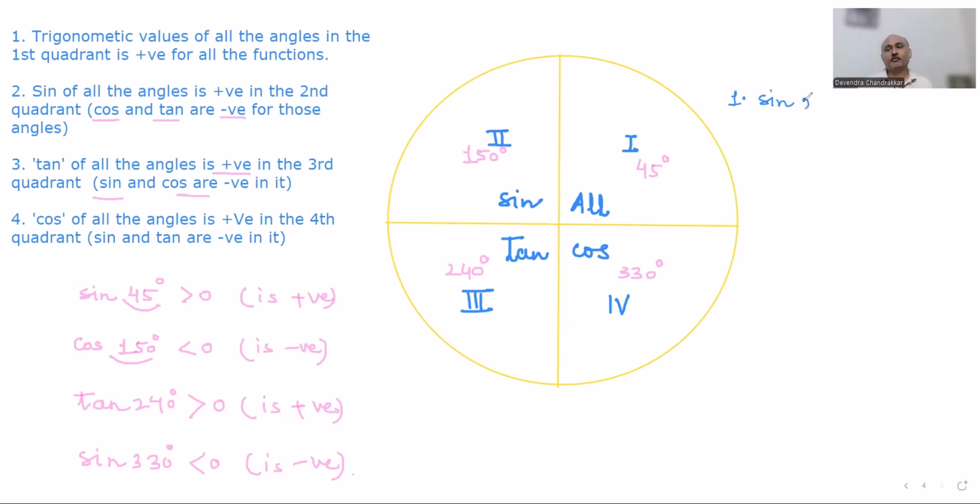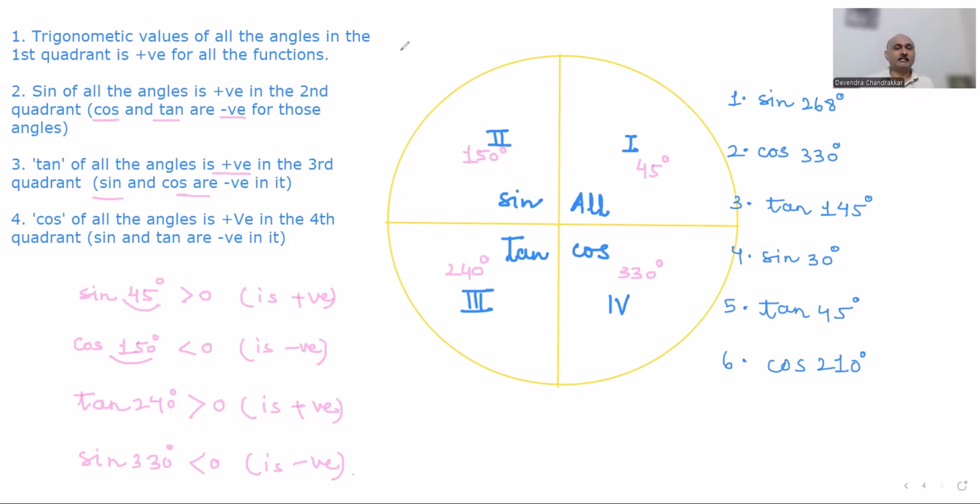So, sine of 268 degrees, cos of 330 degrees, tan of 145 degrees, sine of 30 degrees, tan of 45 degrees, and the last one is cos of 210 degrees.